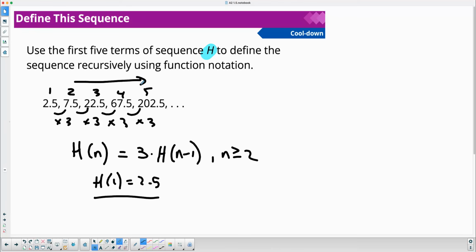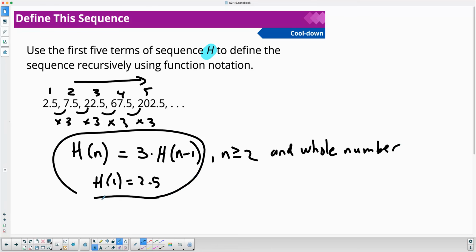I would say n is greater than or equal to 2 and a whole number. Then it would make a little bit more sense. That way you're not plugging in 2.5 for n or 6.1. You're only plugging in whole numbers greater than or equal to 2. But there is my recursive function.